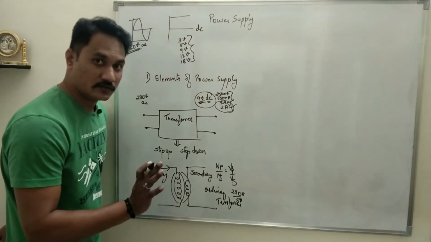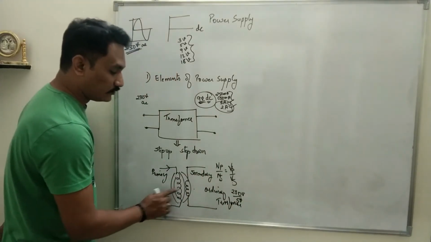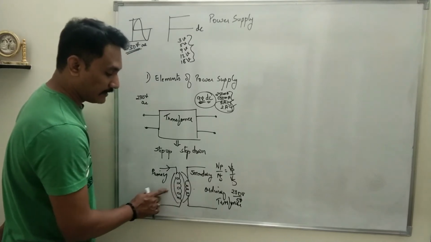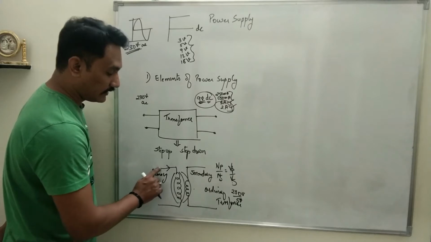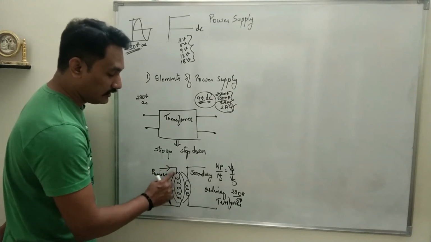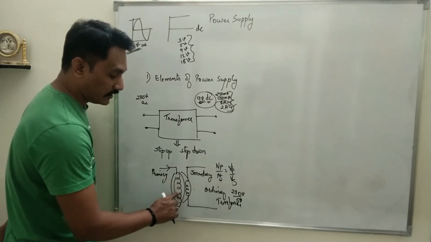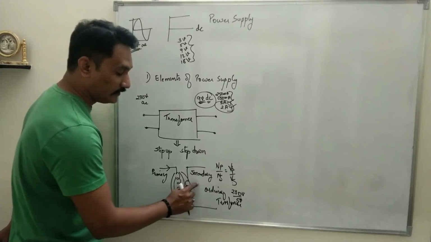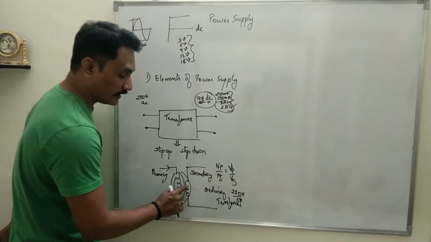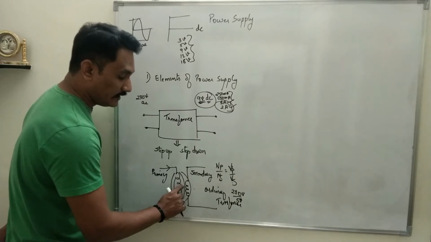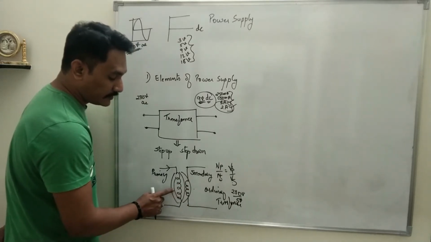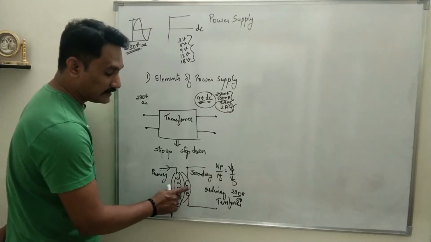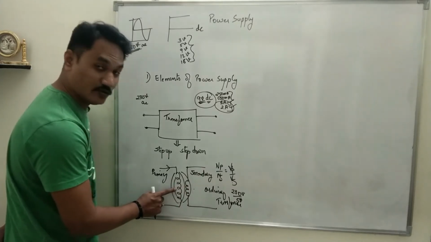I hope you have understood what I said. We have two sets of coils, primary and secondary. When current is flowing through the primary coil, a magnetic field will be produced around the coil. If you keep a secondary coil in that magnetic field, current will be induced in the secondary. I have purposefully kept the number of turns in the secondary less than in the primary coil.